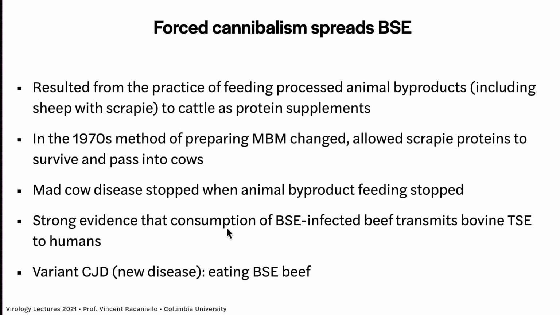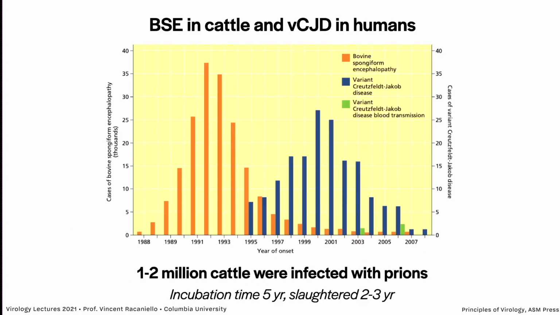But unfortunately, a number of people consumed beef and acquired this variant CJD by eating it. And here's the outbreak in cows and in humans. So the orange is BSE starting in about 1988. The number of cases increased. We estimate that a total of 1 to 2 million cattle were infected with prions, and they were mainly slaughtered to stop this. And then we stopped feeding cows ground up animals.